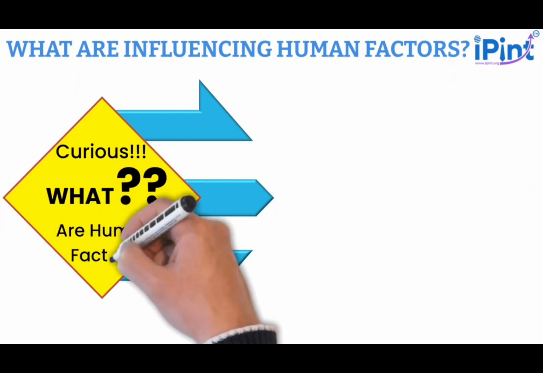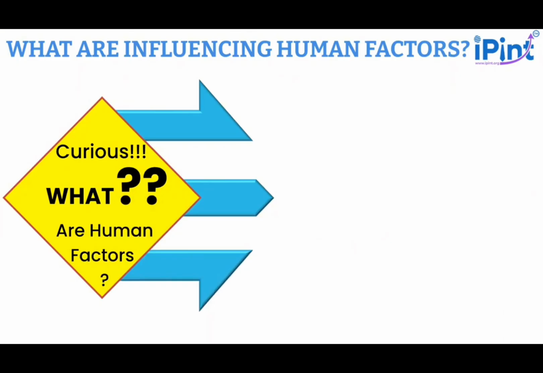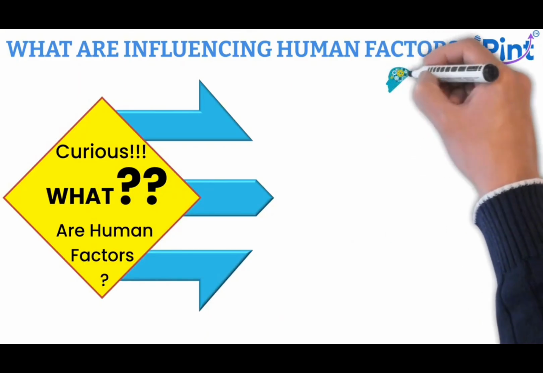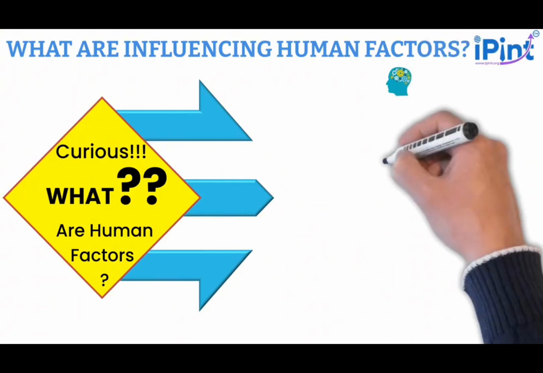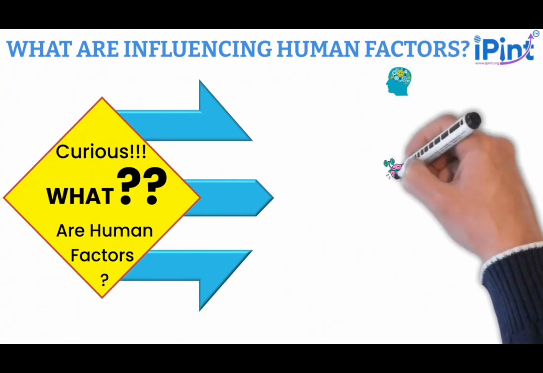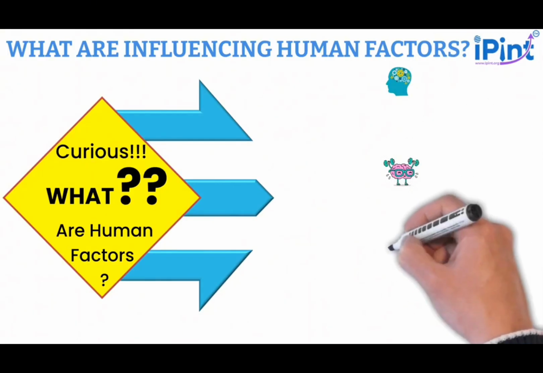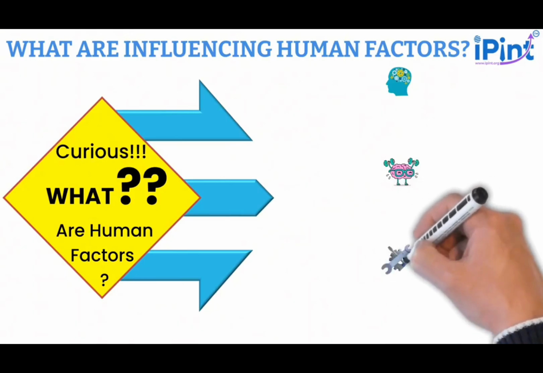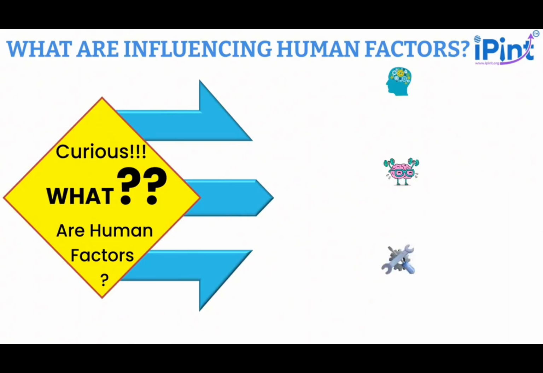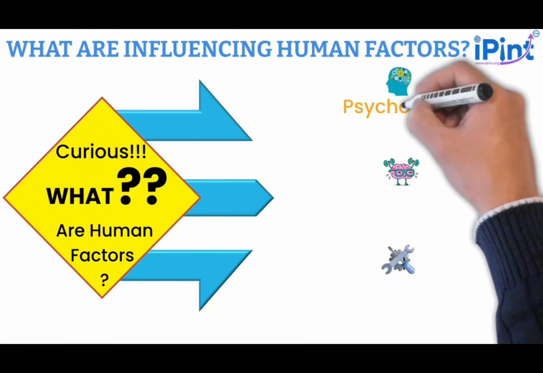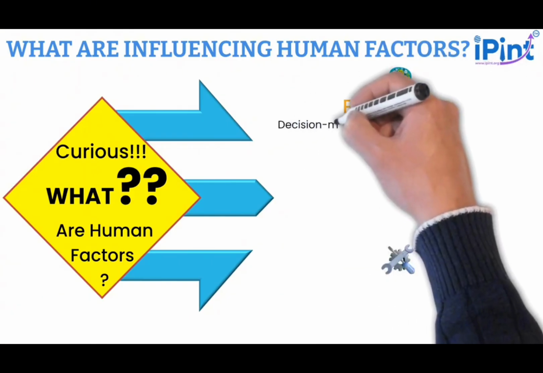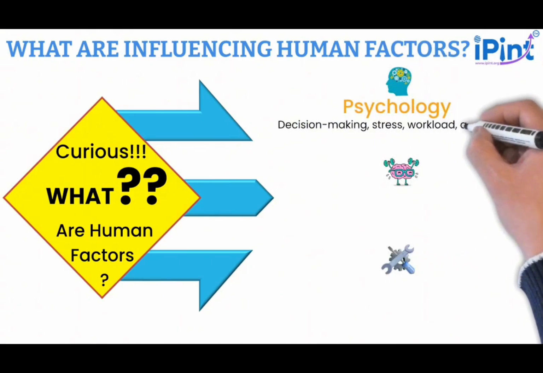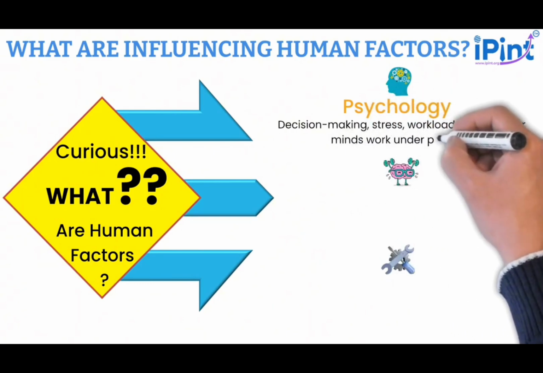In other words, anything and everything that shapes how a person performs their job. But let's put that in even simpler terms. Human factors equals anything that affects human performance. Think about it across three pillars. First, psychology, how we make decisions, how we handle stress, how our minds behave when we're overloaded.